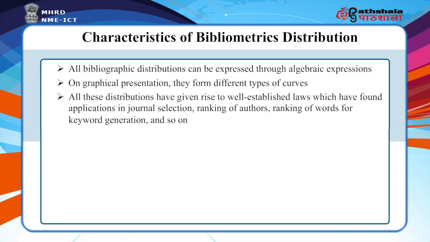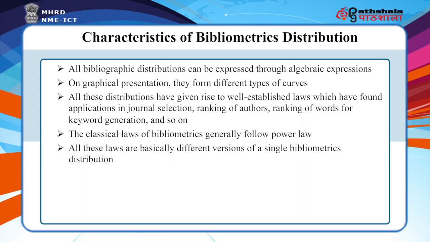All these distributions have given rise to well-established laws which have found applications in journal selection, ranking of authors, ranking of words for keyword generation, and so on. The classical laws of bibliometrics generally follow power law distribution. All these laws are basically different versions of a single bibliometrics distribution.